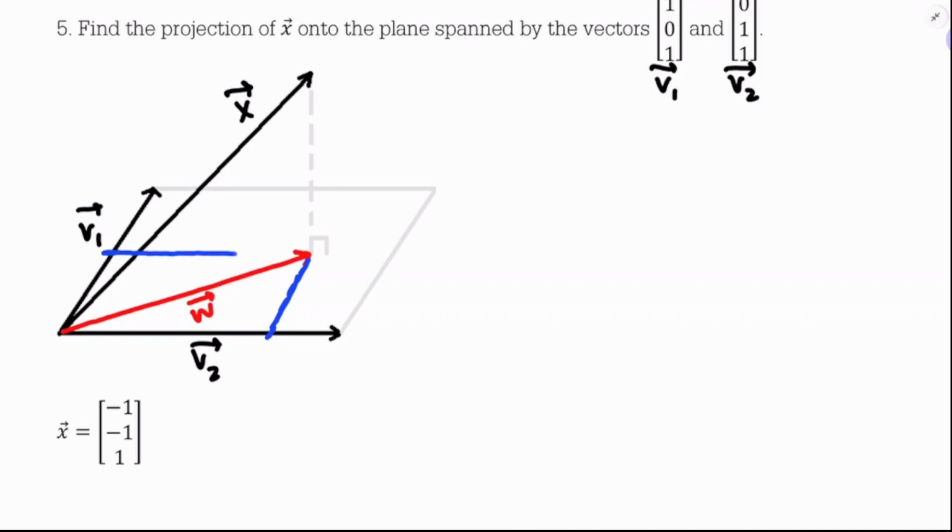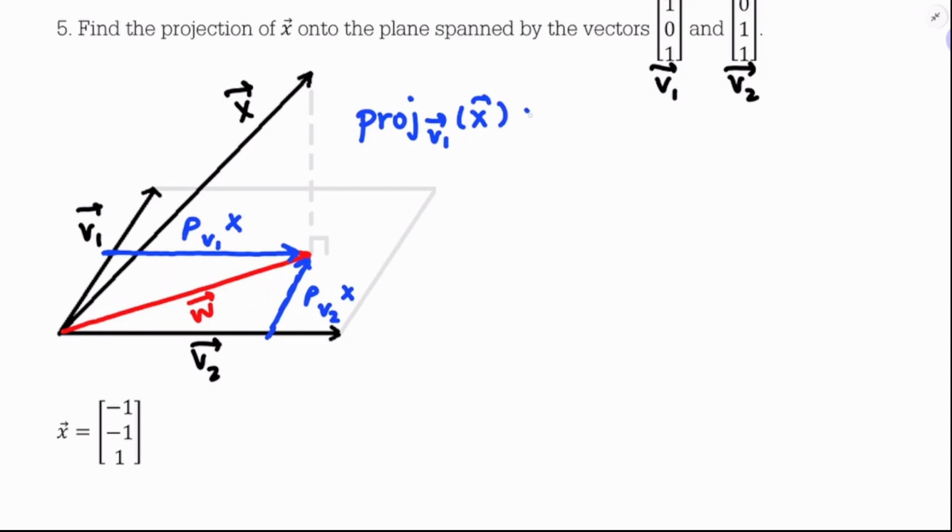If I add those two projections together, they should give me W. So up here, this is going to be the projection of X onto V1. Then down here, I'm going to have the projection of X onto V2. We're going to need to compute those. So I need the projection of X onto V1.